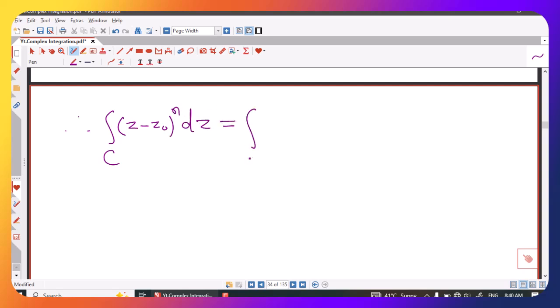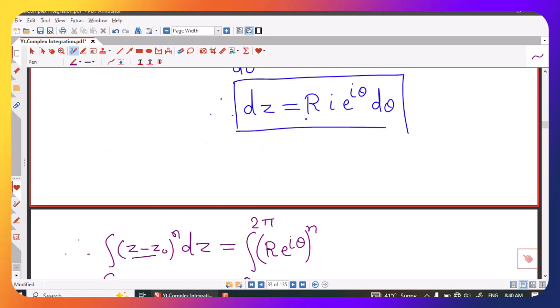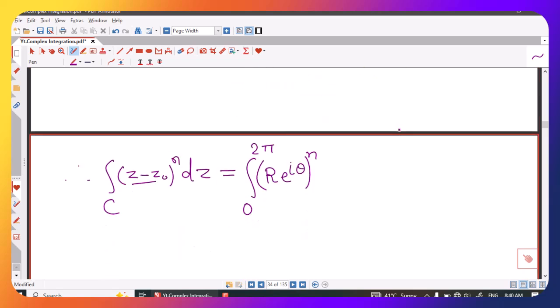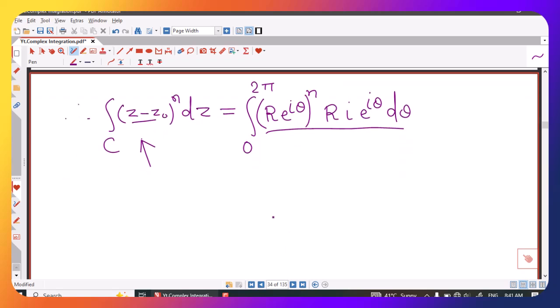This becomes, limits of theta are from 0 to 2 pi, this z minus z0 is replaced by r into e raised to I theta whole power n, and dz is r into I e raised to I theta d theta. So now this complex line integral or contour integral is converted into a real integral, in which the variable of integration is the real variable theta.